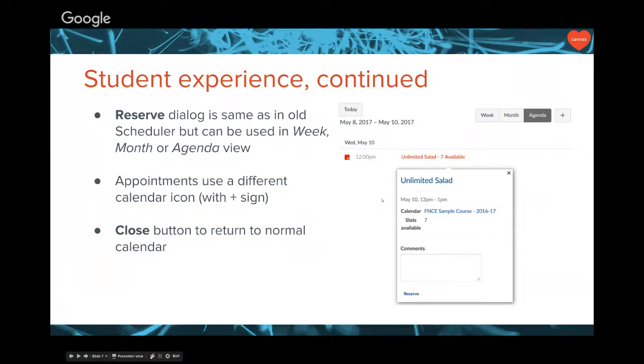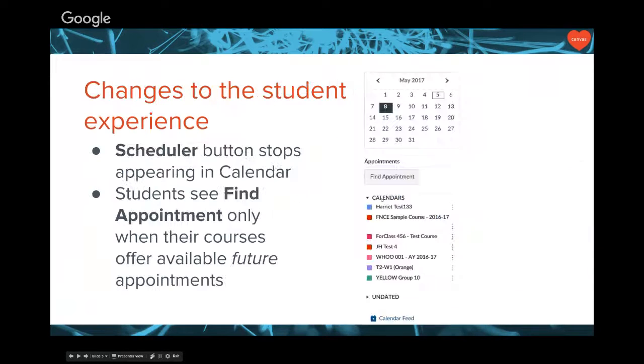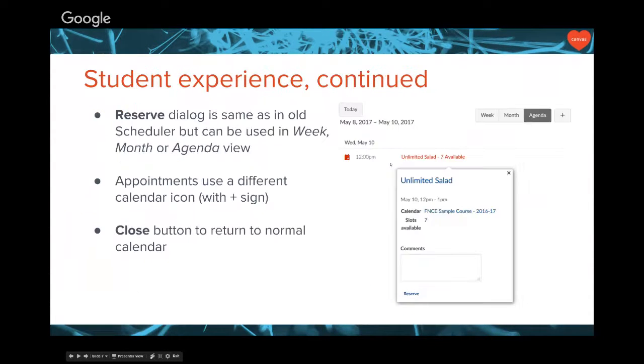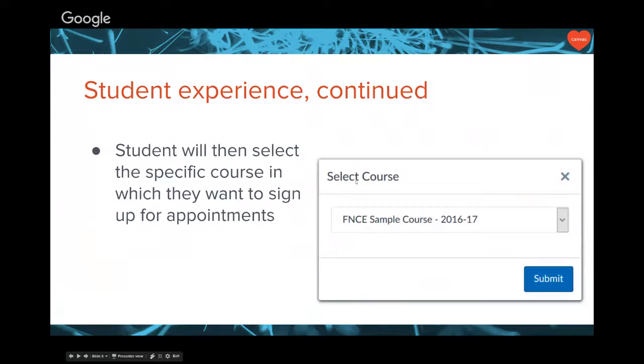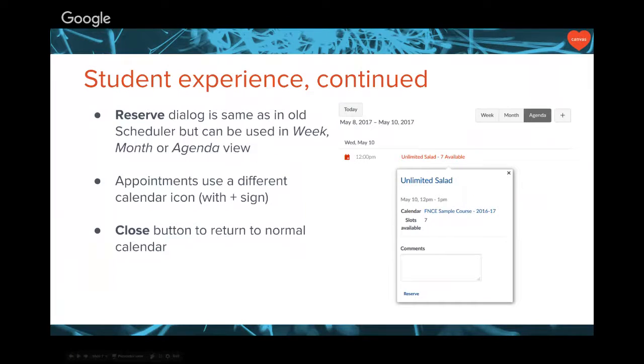When you're in this Find Appointment mode, as a student, your available appointments in this course that you've selected show up. And the reason why there's still a mode where you go into Find Appointment mode, do your reservations, and then close is that only during Find Appointment mode are the time slots available for you to sign up for.